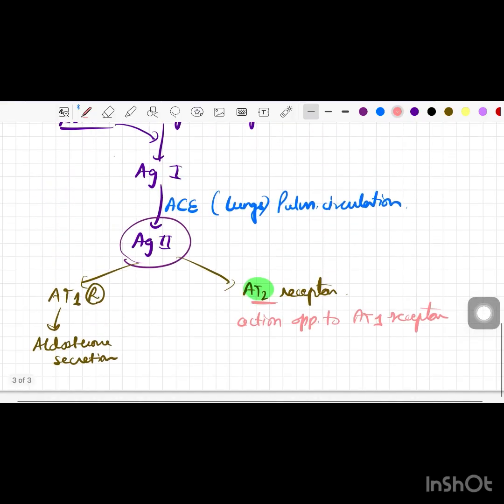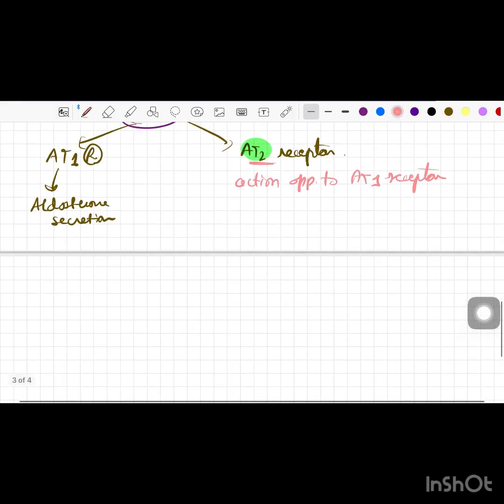Basically, this angiotensin 2 receptor improves vascular remodeling, so we can say it causes an improvement in smooth muscle cell proliferation and regulation of GFR.